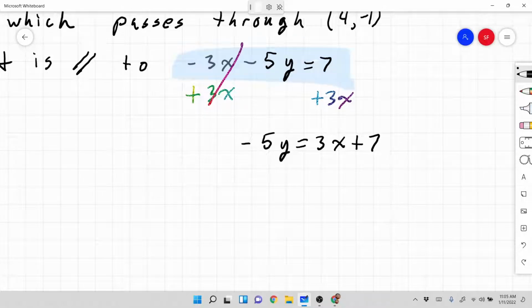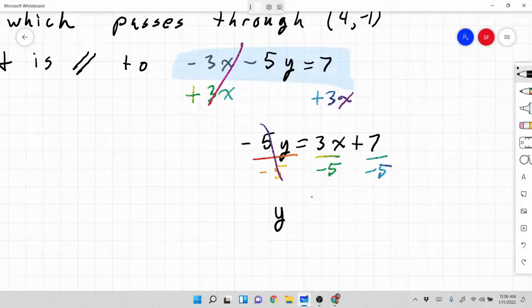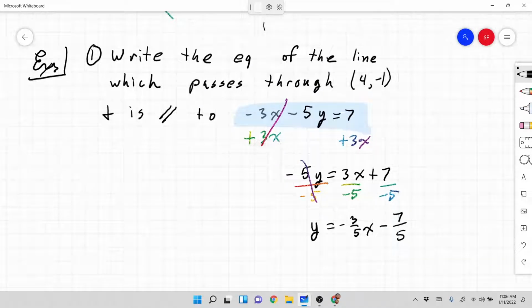Now what? We have to divide the whole thing by negative 5. So that cancels, and this line in slope-intercept form is y equals negative 3/5 x minus 7/5, right? So the slope of the line that we're interested in is what? Negative 3/5.